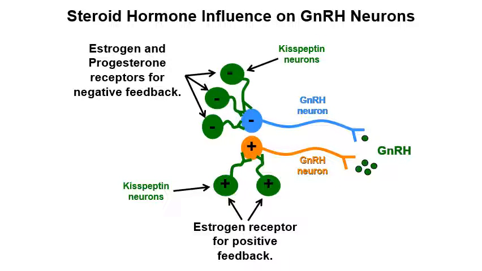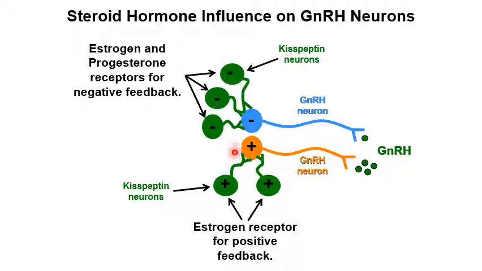This diagram shows the influence of the steroid hormones on the GnRH neurons. As in the diagram, the GnRH neurons are the ones that produce the GnRH in the hypothalamus. So the GnRH will synapse with the Kisspeptin neurons, and within the Kisspeptin neurons, there are certain receptors where estrogen and progesterone will be able to bind.